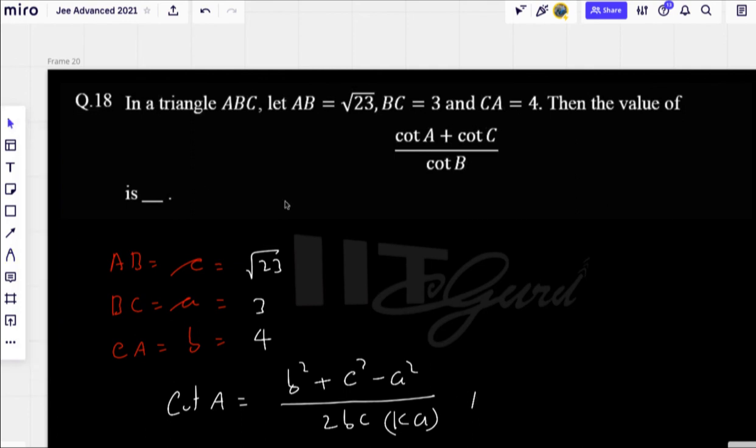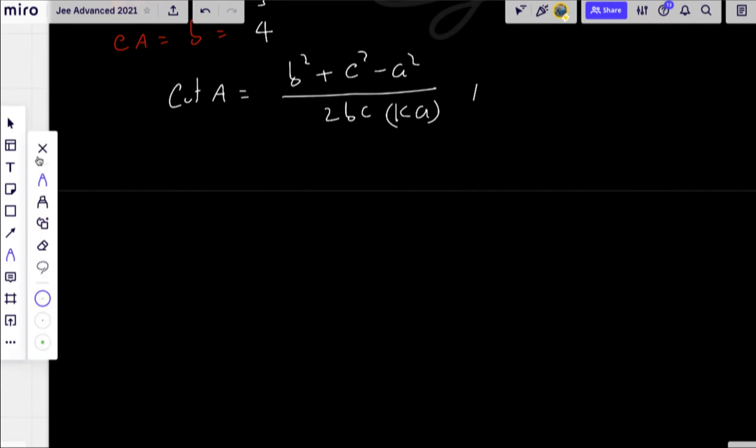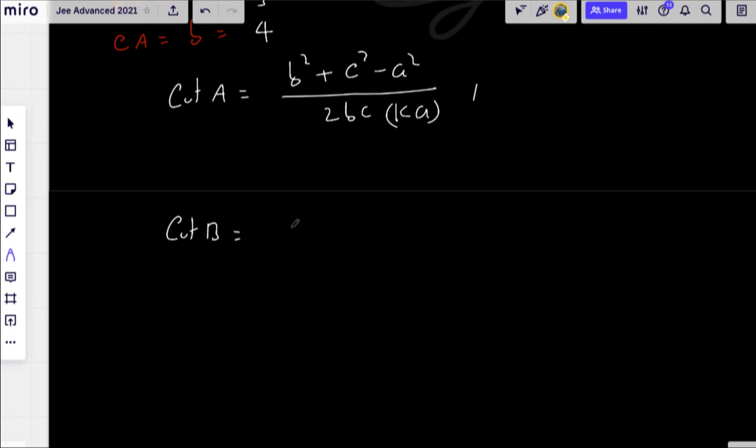So if we write here for cot B, then what we will see is that cot B also we can write in the same manner. So first of all, we will go for cos B and then for sin B. So for cos B, you know, that is c square plus a square minus b square upon 2ac.